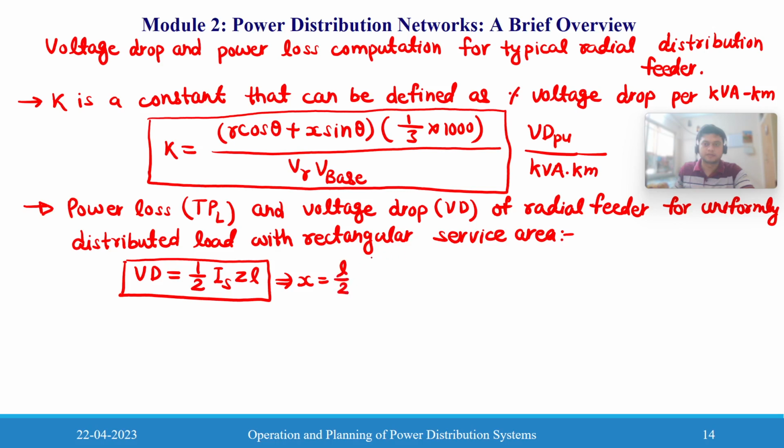The voltage drop will be similar for a lump load connected at the midpoint of the feeder, and the total power loss is 1 by 3 I_S squared R L.